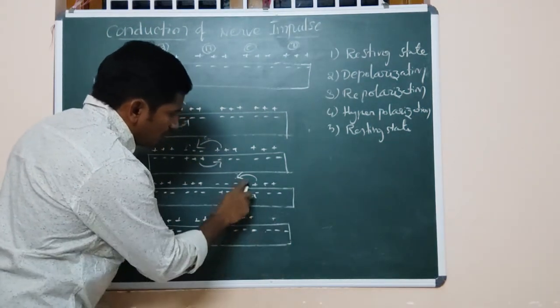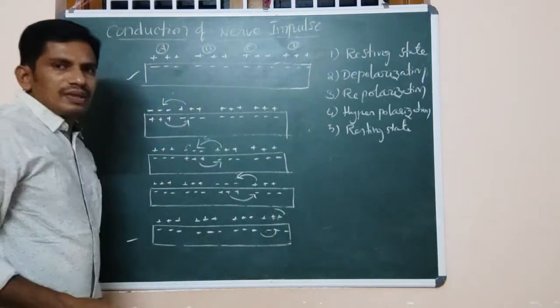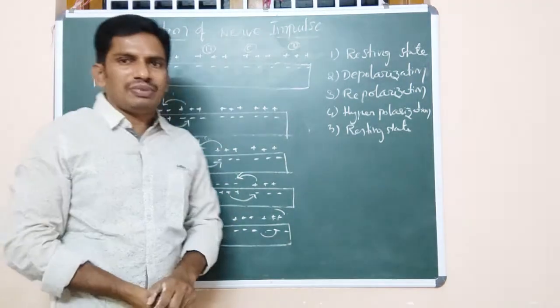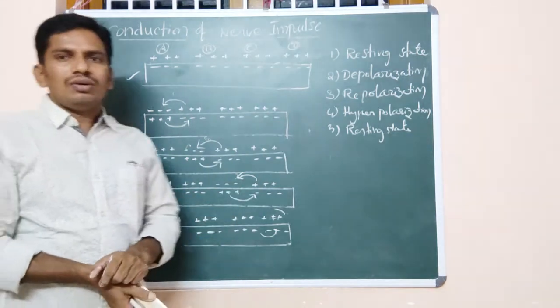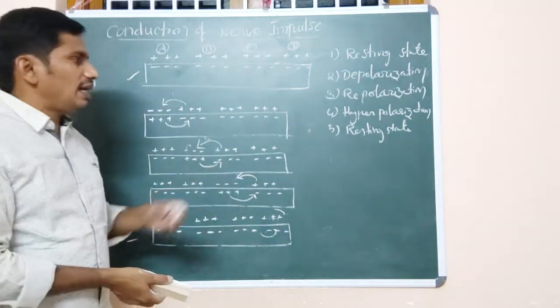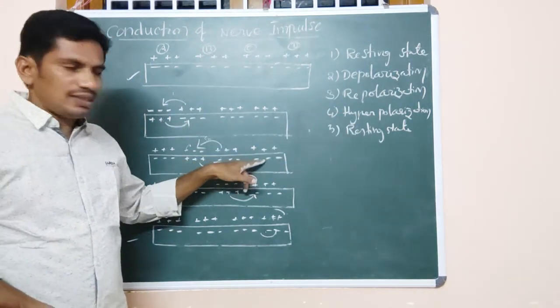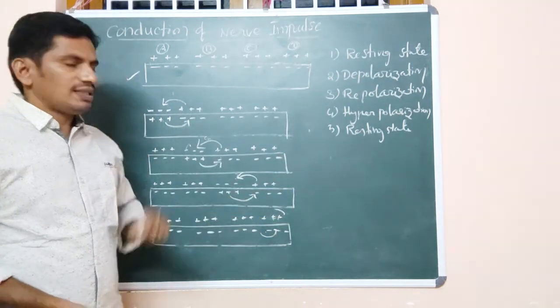They will be changed in such a way, right? So this is how the conduction of nerve impulse happens throughout the axonal membrane. This is the resting state, depolarization, repolarization, hyperpolarization, and here the resting state.